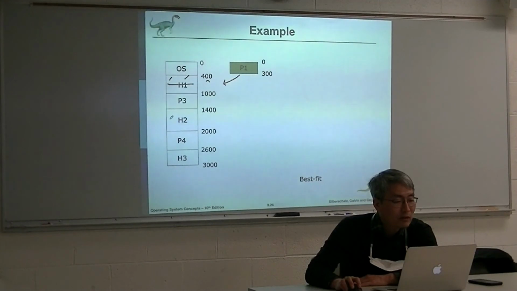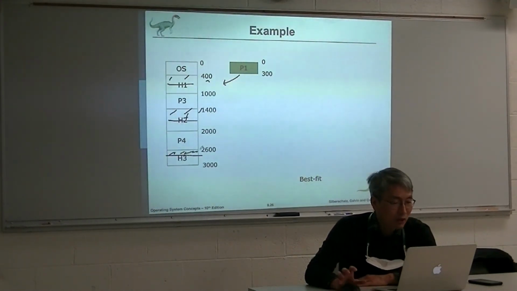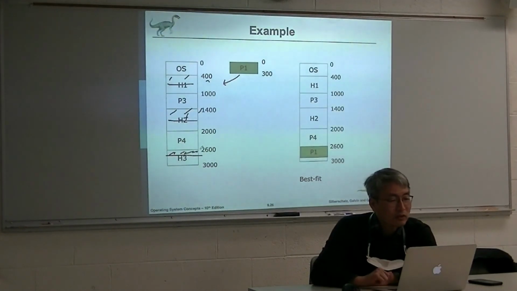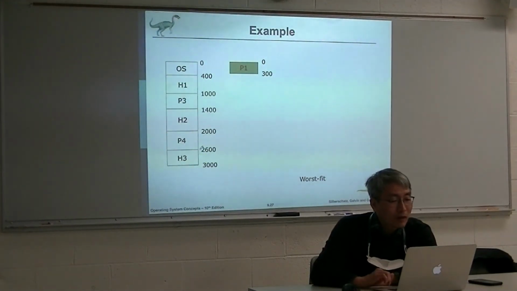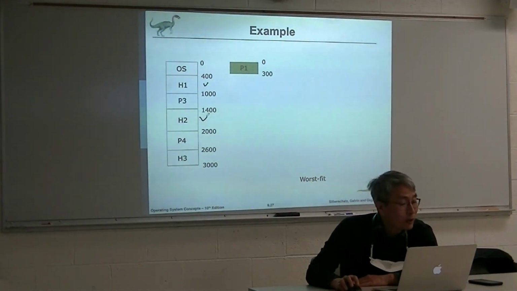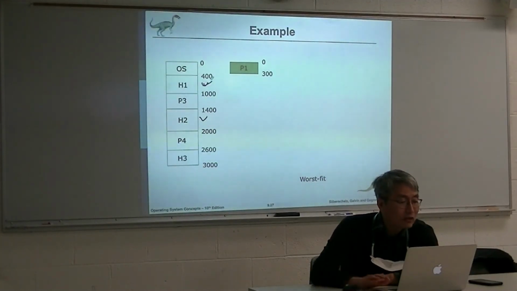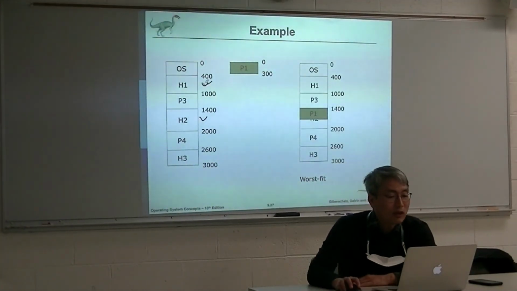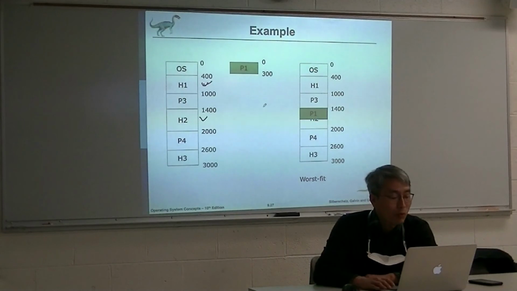And if I use H2, 300 will be free space. But this one is only 100, the least amount of free chunk. So it's H3, like this. What about the worst fit? Opposite, either H1 or H2, right? At this time, for the tie-break, we can use the first fit, or we can use the other. So either H1 or H2 will be allocated for the worst fit.